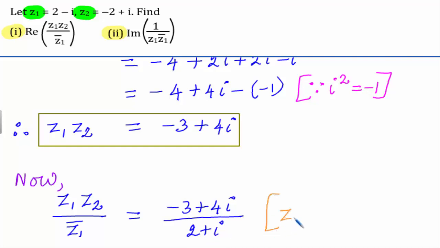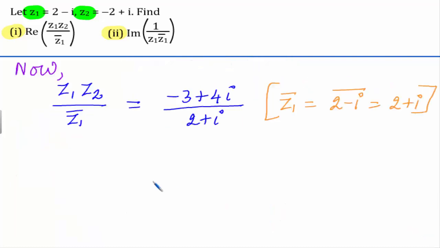The reason is conjugate of z1 is equal to conjugate of 2 minus i is equal to 2 plus i. Now, let us multiply the numerator and the denominator of (minus 3 plus 4i) divided by (2 plus i) by the conjugate of the denominator, that is by 2 minus i.